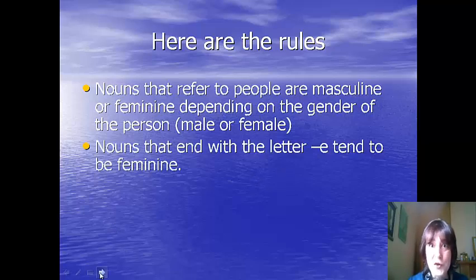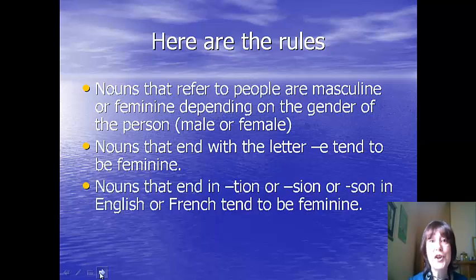Nouns or words, remember, that end with the letter E in French tend to be feminine. So that's easy enough to follow. If there's the letter E at the end of the word, then that word will tend by and large to be feminine. Nouns that end in "shun" or "zhun" in English or in French, because these words actually are more or less the same in English and in French, also tend to be feminine.